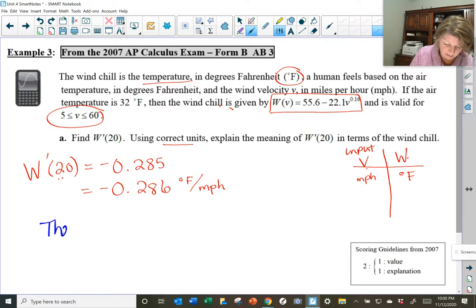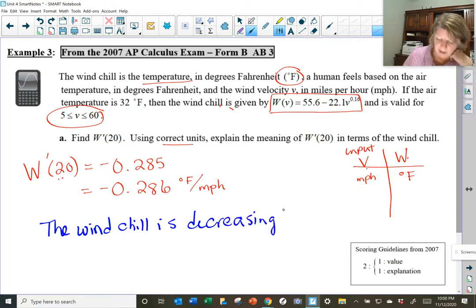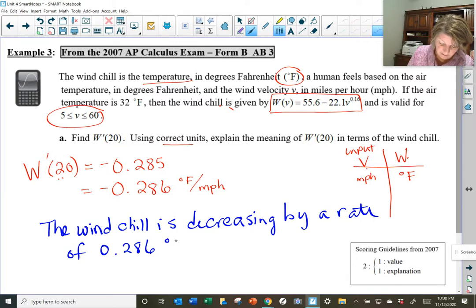The wind chill is decreasing by a rate of, I've already got the word decreasing, so now I just need to put in 0.286 degrees Fahrenheit. Get the unit now. We did the noun, we did the number, and now we're on the unit.